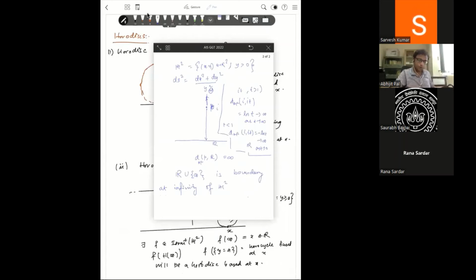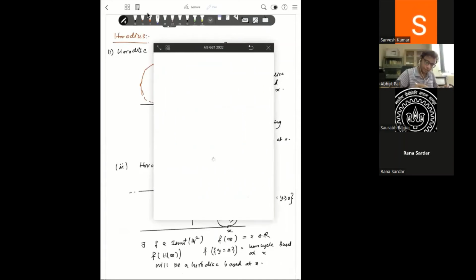Okay, I want to describe what we mean by horodisk and horocycles. First let us take this upper half plane and take a point x in R, and draw a circle which is tangent to R at the point x, meeting R only at x.